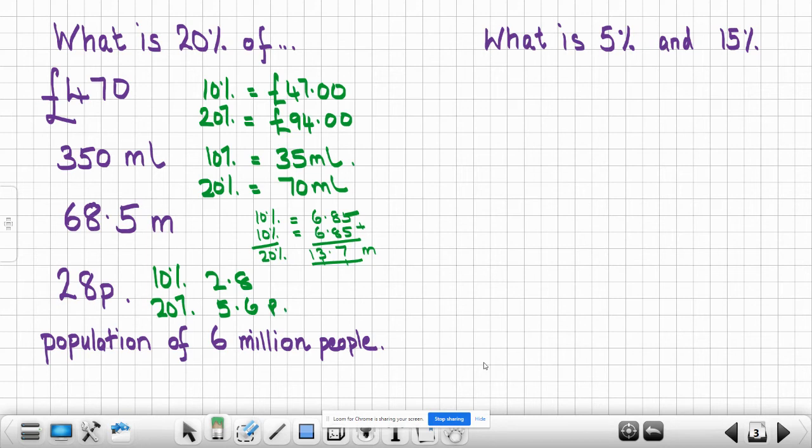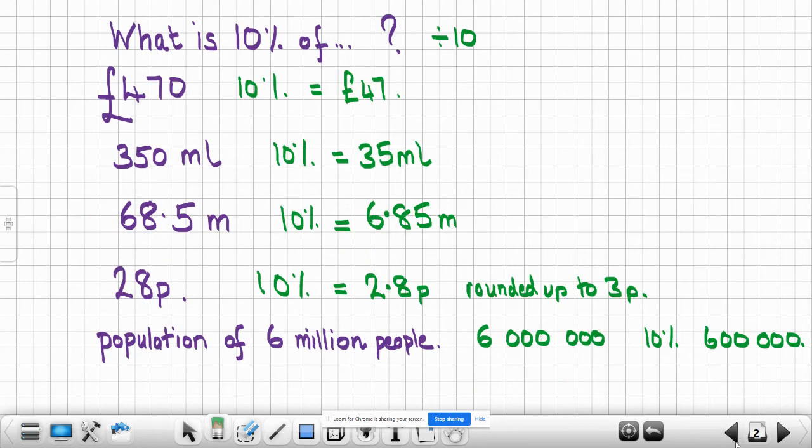5.6p. And then finally, we've got our population of 6 million, and 10% was 600,000. So 20% is going to be 1,200,000. And here I'm putting commas to separate each block of 3. In the previous one, I put spaces.